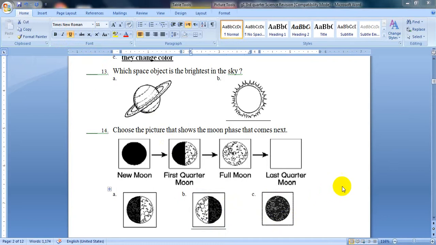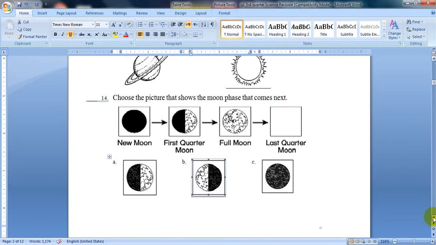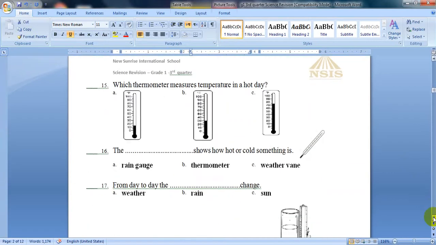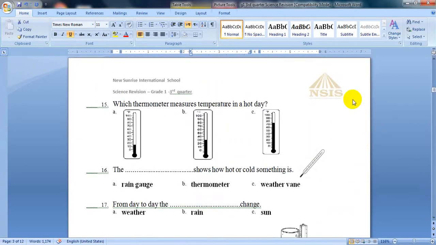Now let's move to the next page, page number 3. Question number 15. Which thermometer measures temperature on a hot day? Let's remember together when we said that a thermometer is a tool that is used to measure temperature.